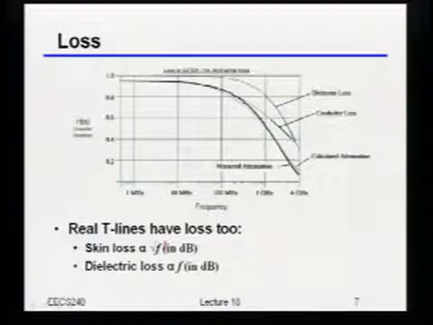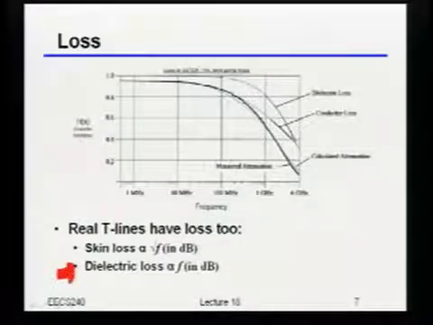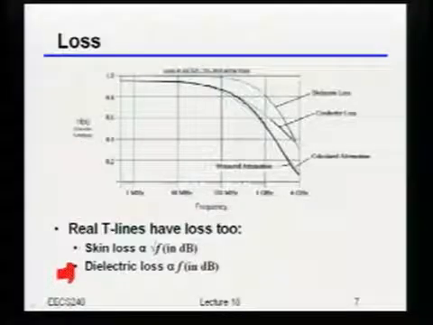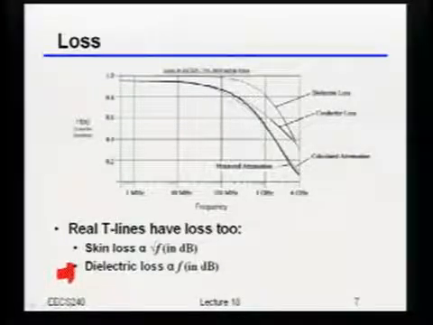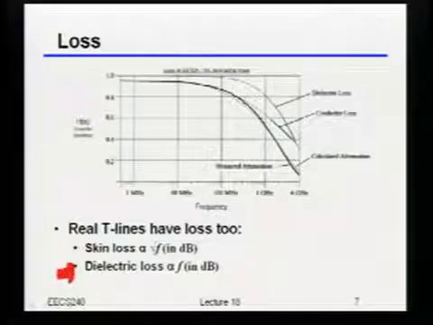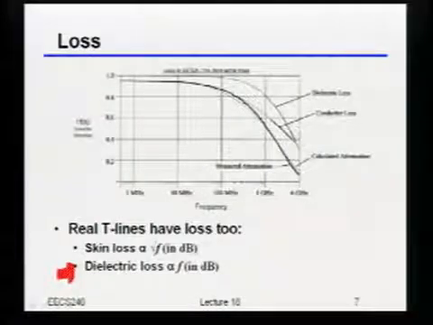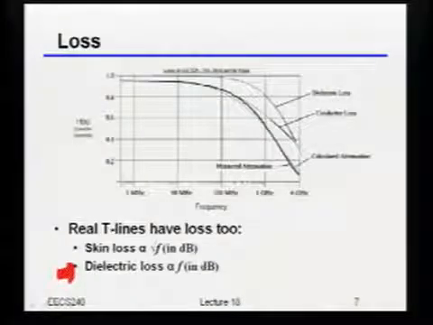The other mechanism is so-called dielectric loss. Even though we like to think of things like an oxide as a perfect capacitance, at high frequencies the little molecules inside of it, or really the little electrons inside of that dielectric, get shoved around or yanked around by the electromagnetic wave.